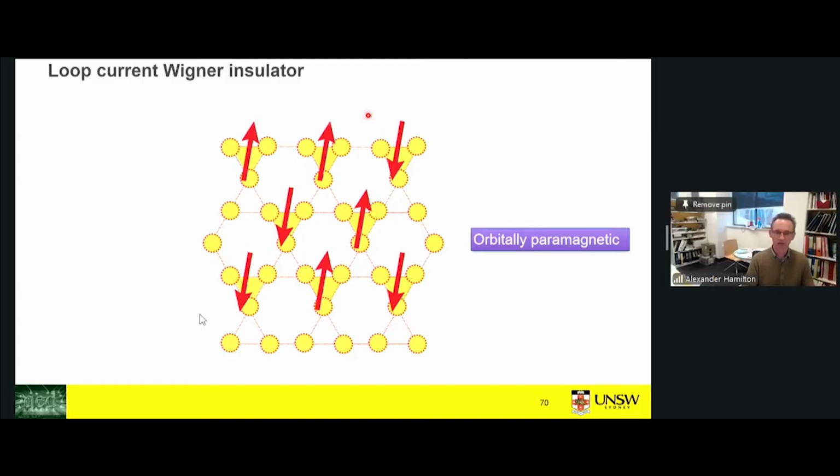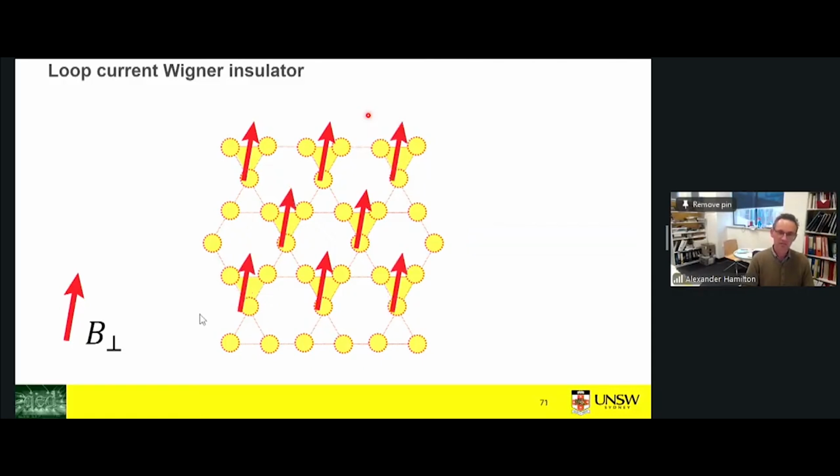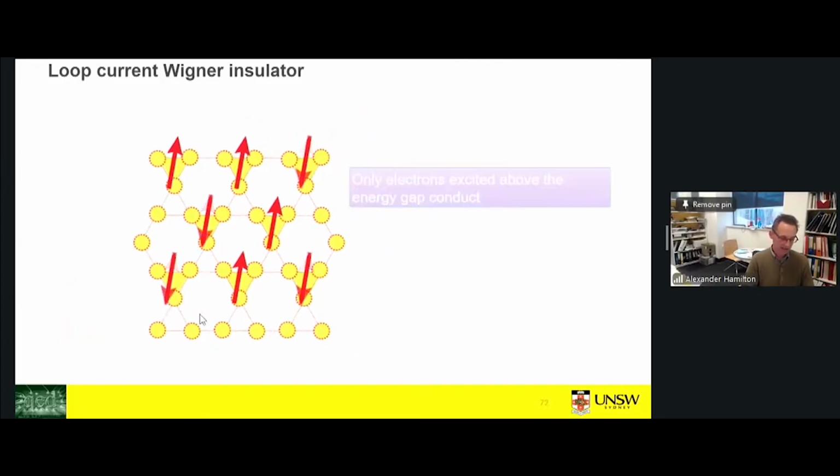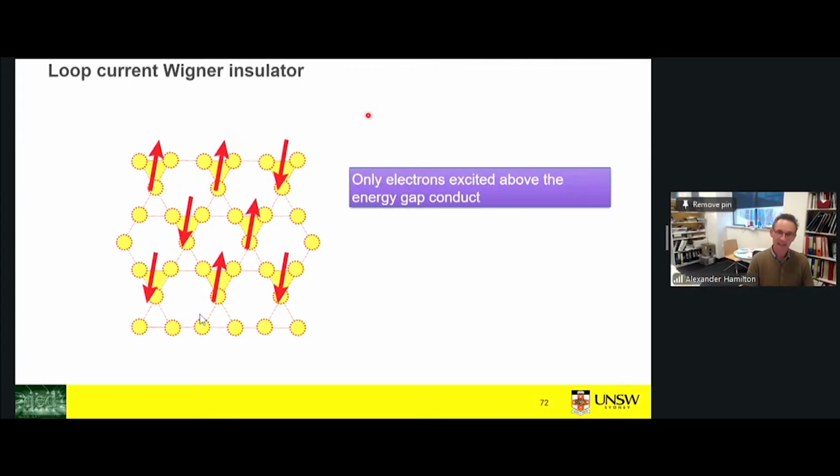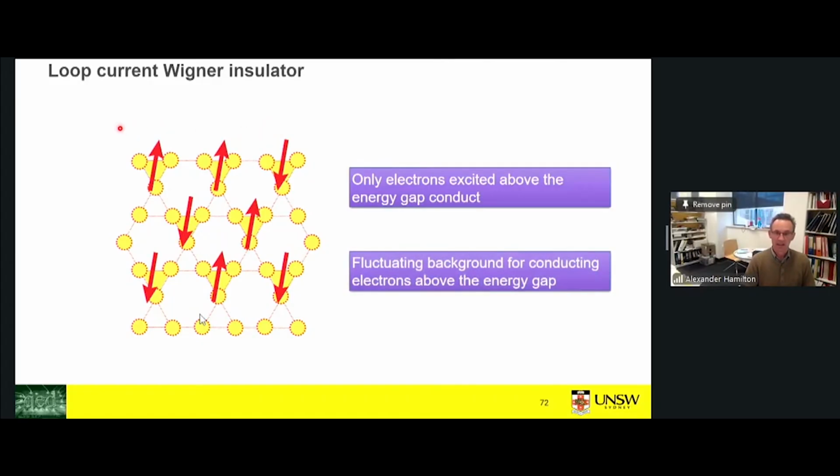So we have this orbital paramagnet. We apply an external magnetic field. We align all the spins, and the effect of that is to reduce the magnetic disorder. For electrons to conduct, an electron, say on this site, must hop through here, but it can't do that because that site is full, so it has to excite above some energy gap and then travel through. If it's traveling through this lattice of randomly oriented magnetic orbital moments, then that creates magnetic fluctuations.